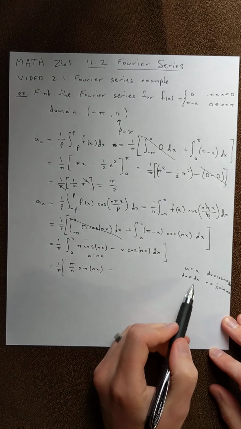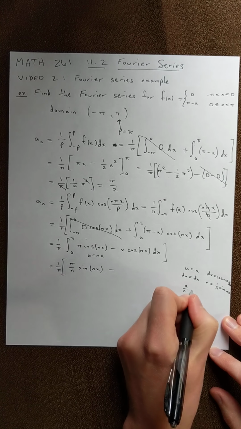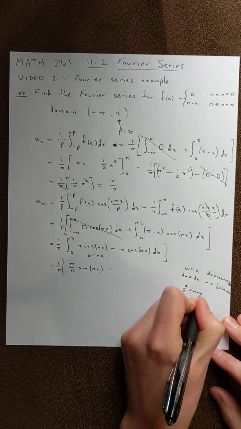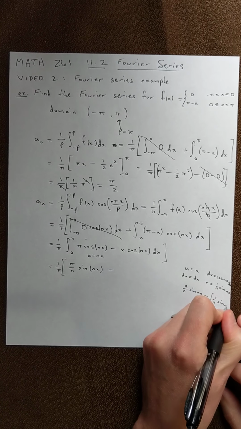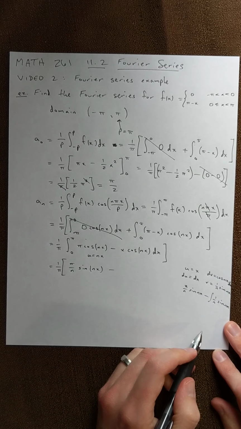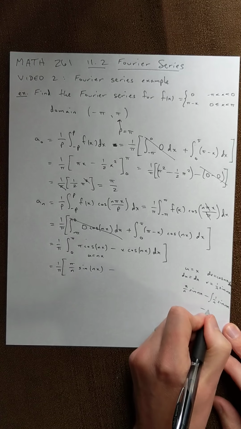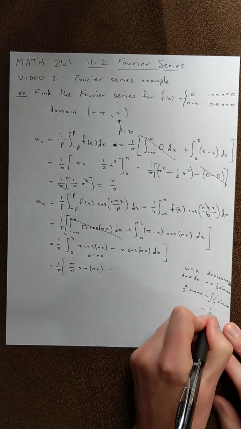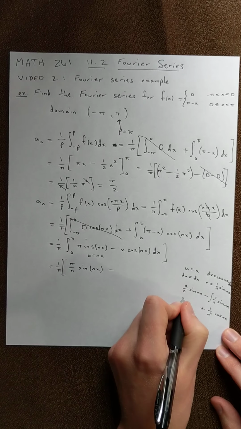So uv minus integral of v du would be x over n sine nx minus the integral of 1 over n sine nx. Let's see, integral of 1 over n sine nx is 1 over n squared cosine nx, and we're going to flip the signs.